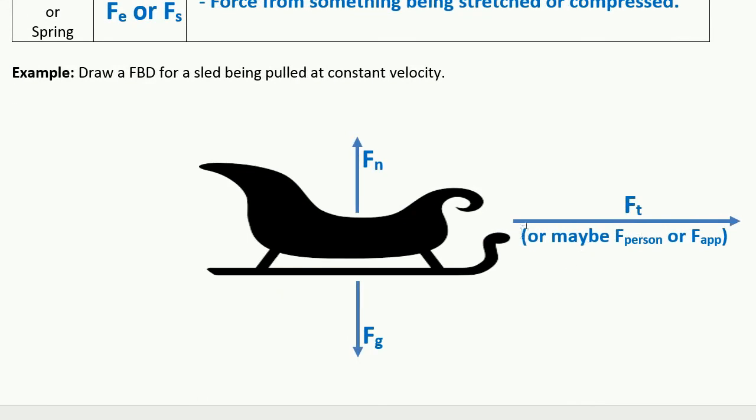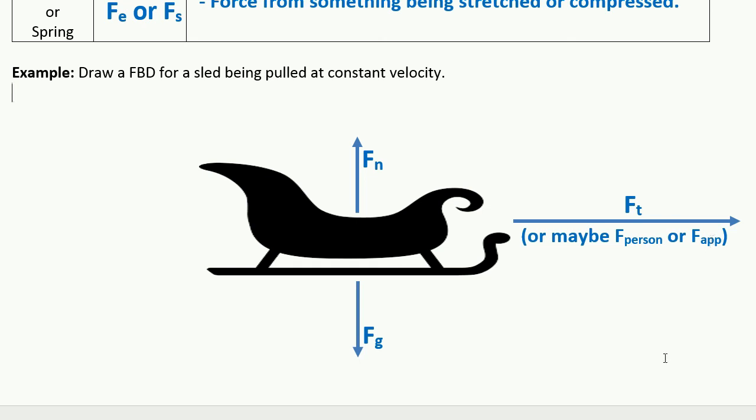But you could also imagine that maybe there's a person over here who literally just stuck their hand on the sled and is dragging it behind them, in which case maybe I'd call this F person, for the force from the person. Or sometimes we use the term F app for an applied force, when an object directly contacts this and applies a force to it directly.